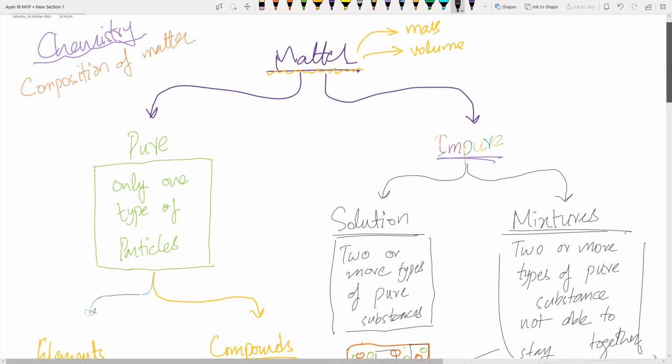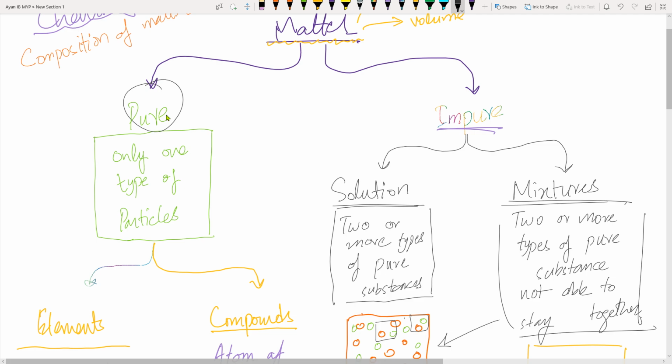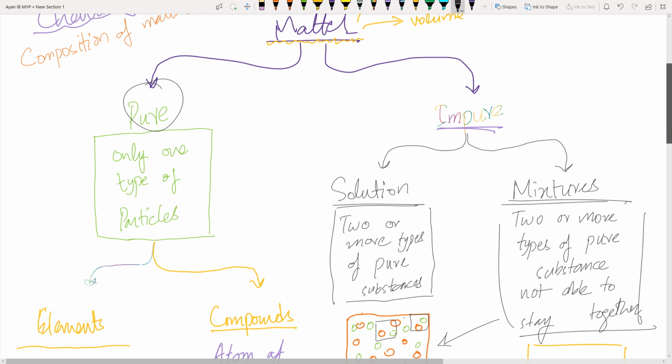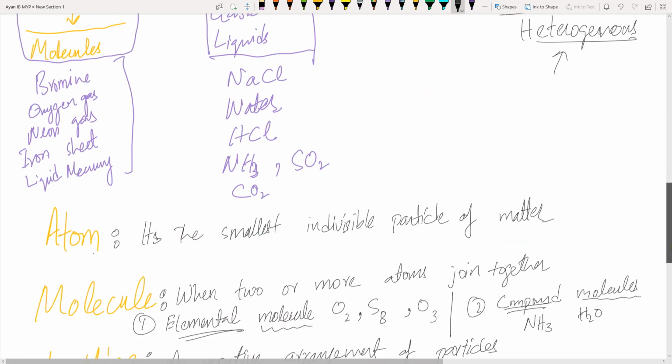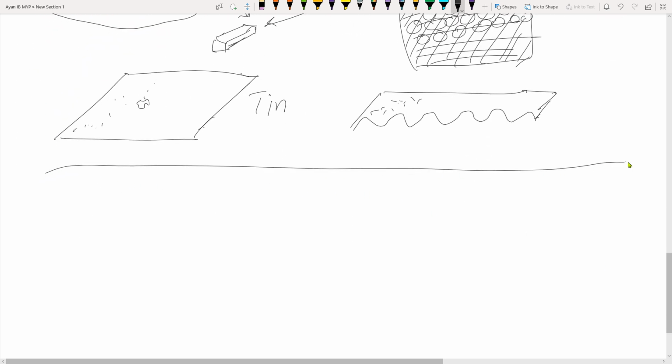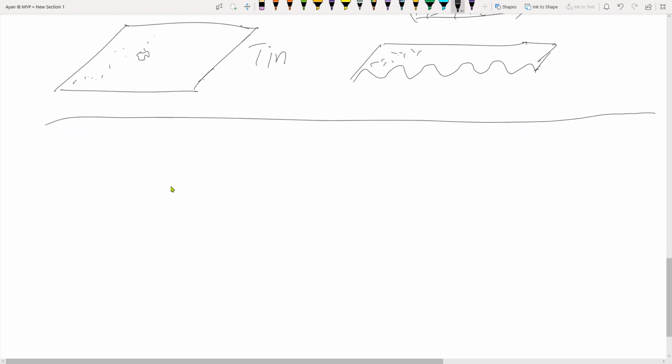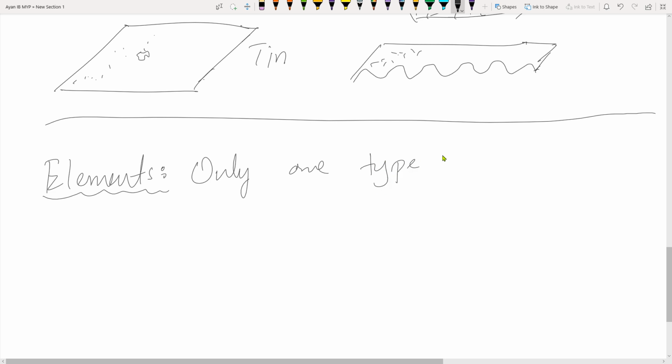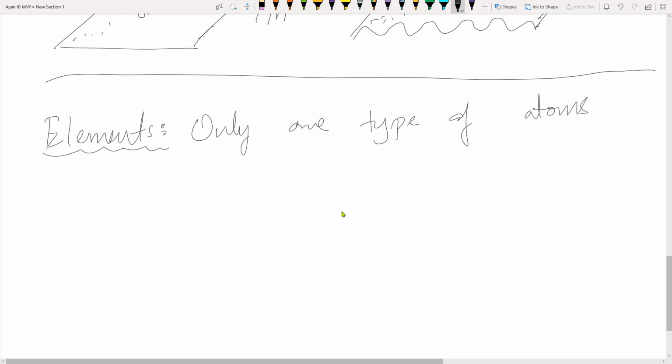Now the problem is when we talk about pure substances, we have a huge number of distinct materials that behave differently from one another. Now we come to the point: what are elements? Elements, as we suggested, have only one type of atom.